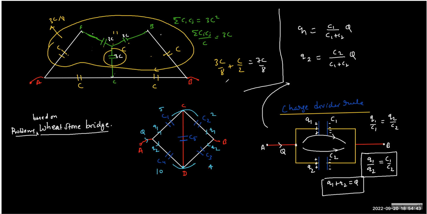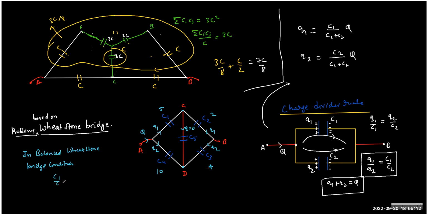So that condition, when the ratios are maintained, is called the balanced Wheatstone bridge. So we say in the balanced Wheatstone bridge condition, the ratio on each terminal side must be equal.